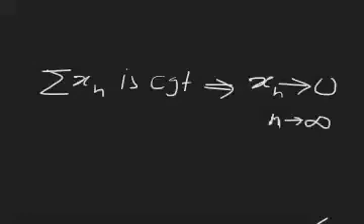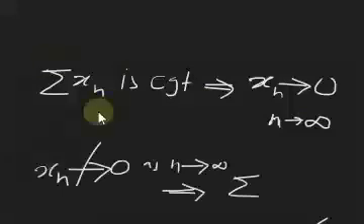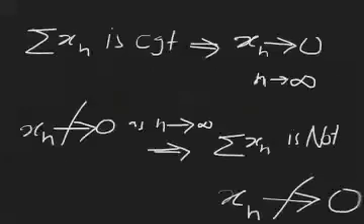So if you consider the negation, the other way around, if x_n does not go to 0 as n tends to infinity, then the series is not convergent.